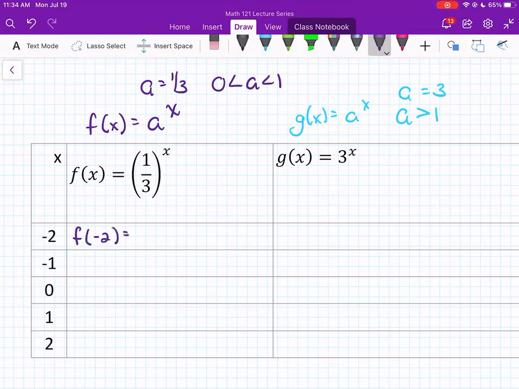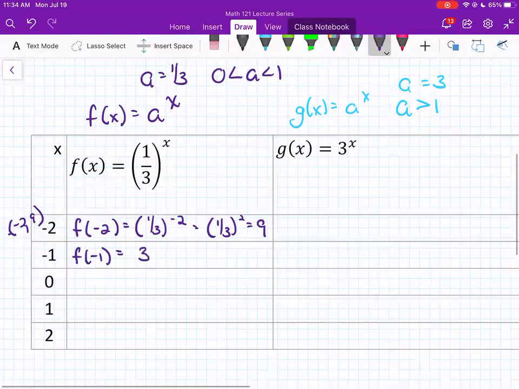If we look at f of -2, this gives us 1/3 to the -2 power. Remember, when we have that negative exponent, it means we will flip the fraction, and so we get 9. So -2, 9 is going to be our ordered pair for that point. When we plug in f of -1, using the same thought process, we get 3, so our point is -1, 3.